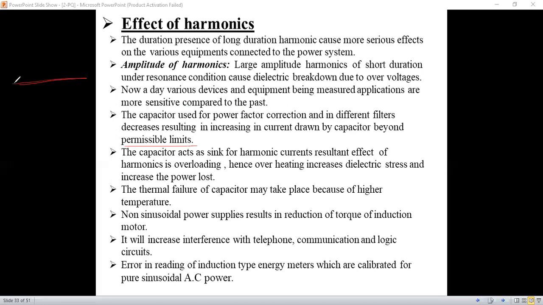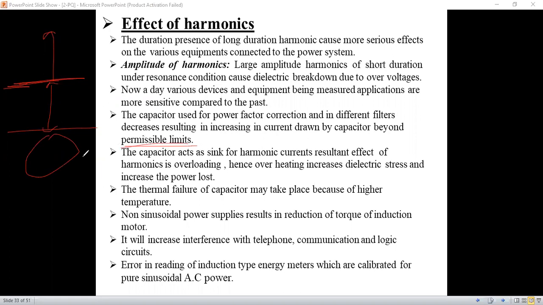Whatever the rating is, it draws more than that, a higher rating value, beyond the permissible limits.